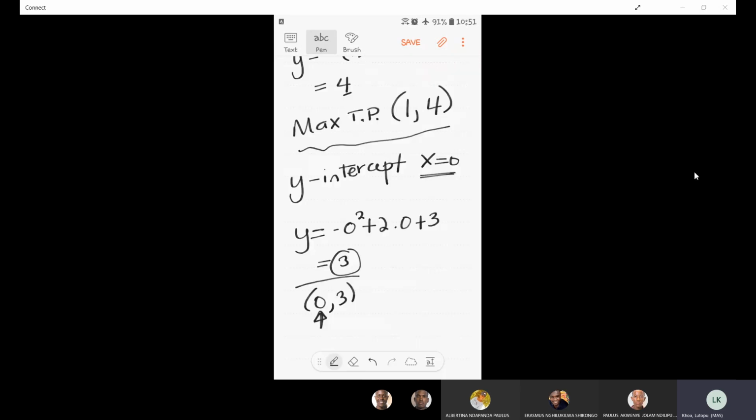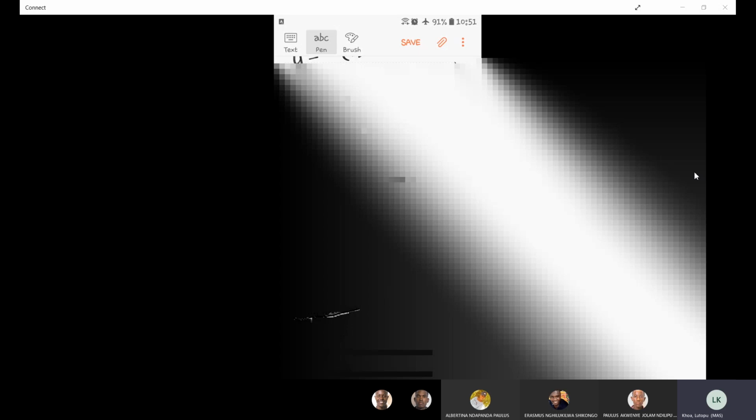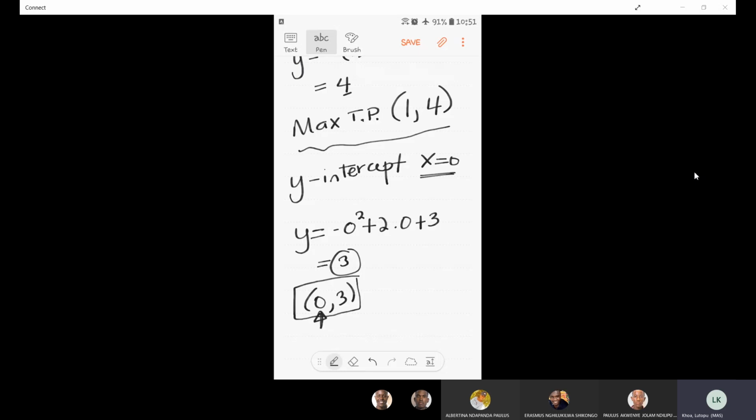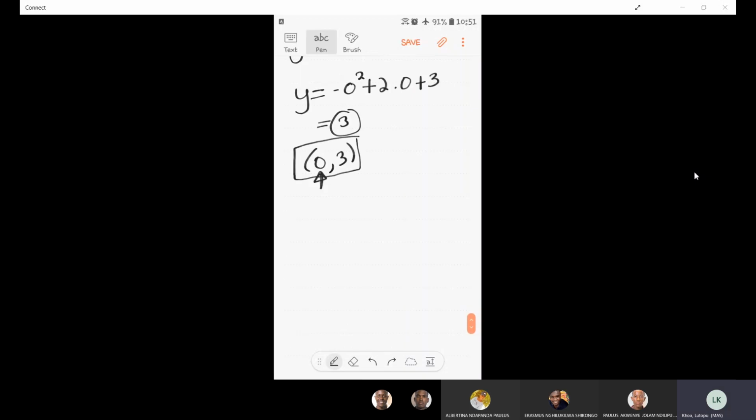So keep all these coordinates in mind, because those are the points that we are going to plot. The first one is this one, 1, 4. Then we have 0, 3. And then we need the x-intercept, or the roots.